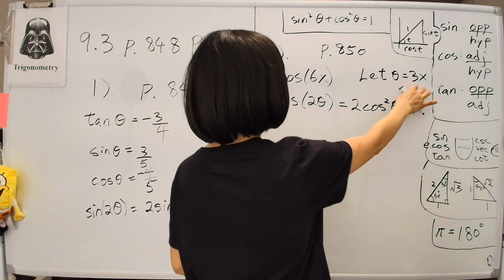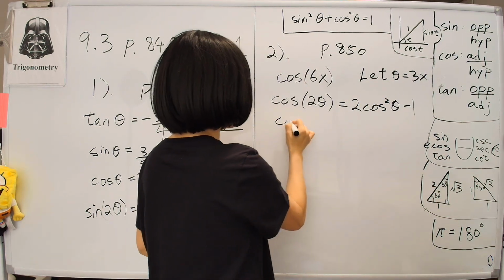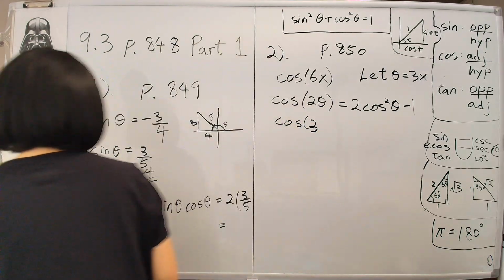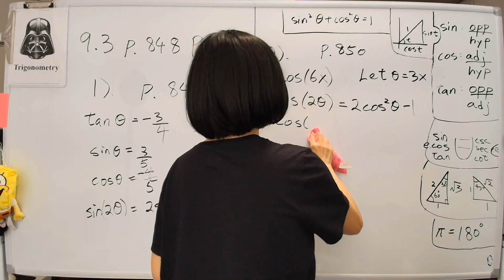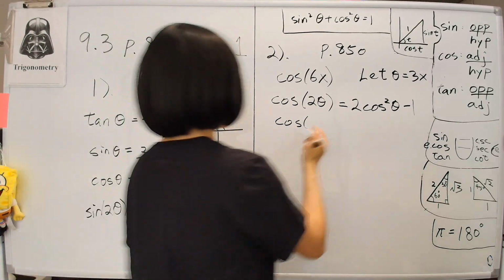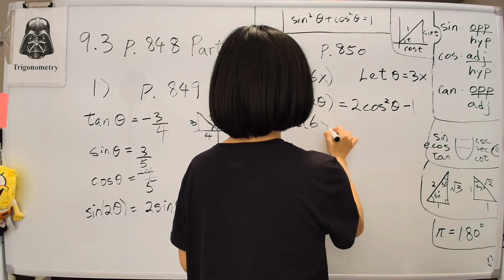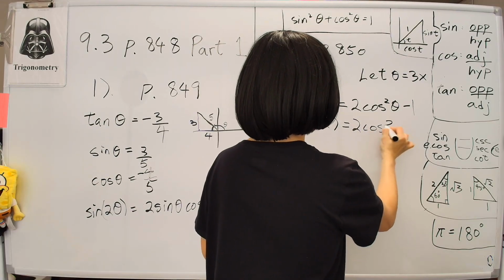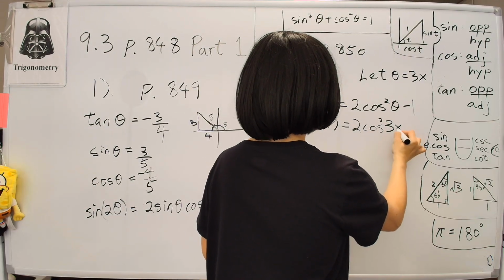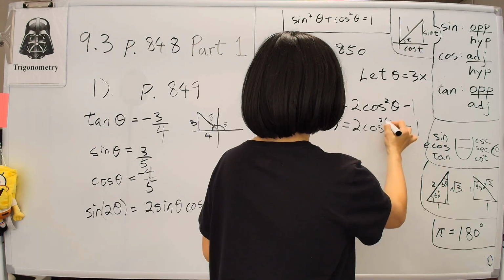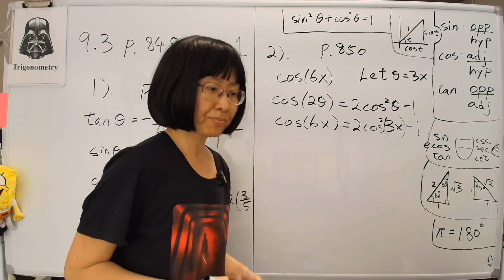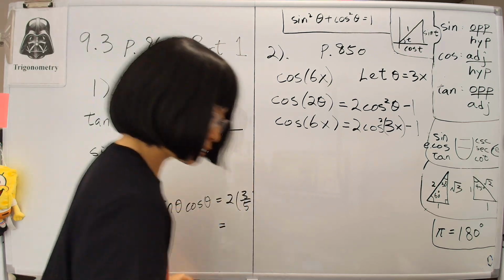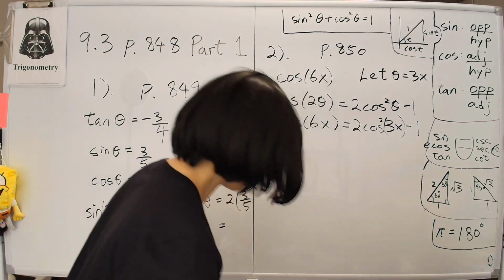Then theta is 3x, so we write that down. 2 theta is 6x, so cosine of 6x is equal to 2 times cosine of 3x squared, minus 1. This 3x is in parentheses, to be correct. That is example 2.